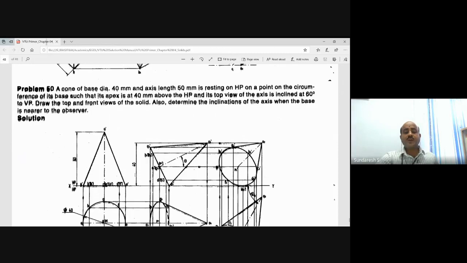At the beginning of the second position, from the XY line, measure 40 millimeters above the XY line and draw one horizontal line, very thin line.